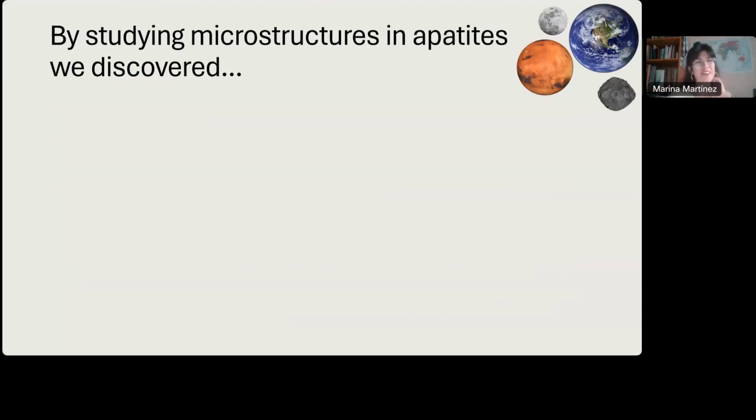After that, what I want to show in my talk is our discoveries in apatite microstructures, from my dissertation at UNM to my postdoc now at Universitat Autònoma de Barcelona, where I have been looking at apatites from different planetary bodies.